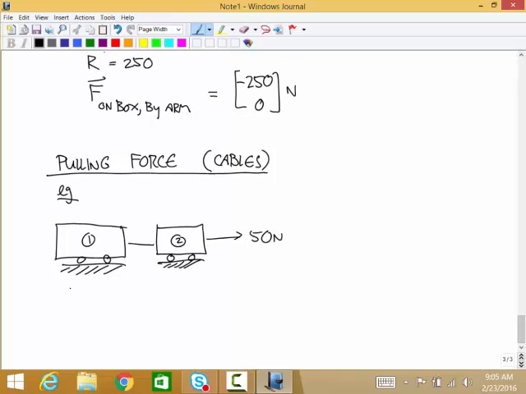The force that the cable applies to box 1 is a pulling force. It's also true of the force that the cable applies to box 2. All cables can do is pull. What happens if you try to push with a cable? It's just noodles, you know.